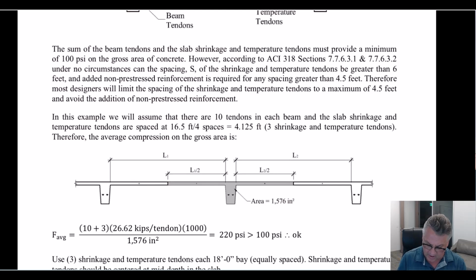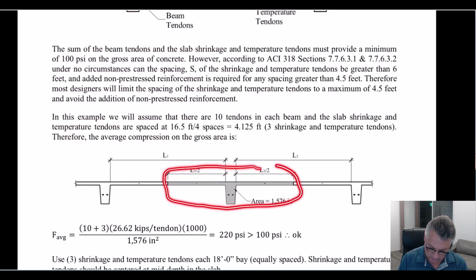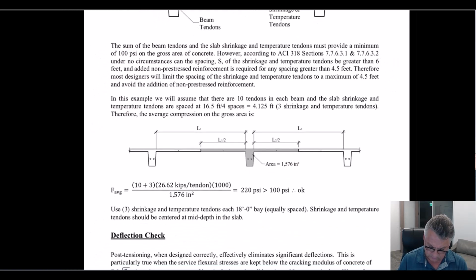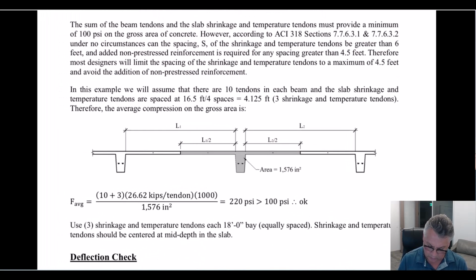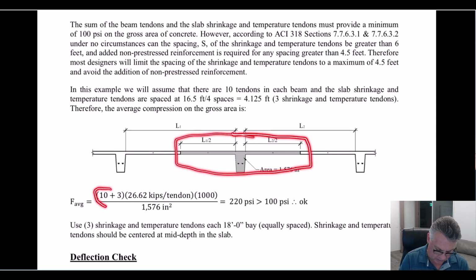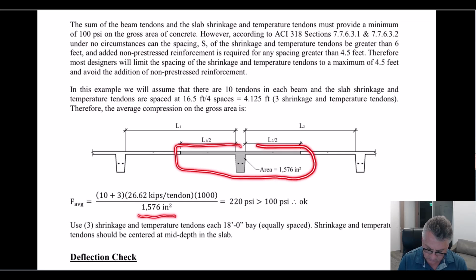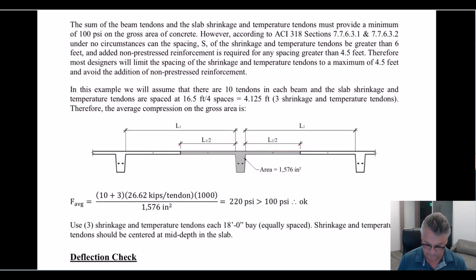So in this case, that will add 3 tendons within this zone. So the total number of tendons that we will have inside the full tributary is 10 from the beam plus 3 in the slabs, times 26.62 kips per tendon, divided by the full area of that tributary section.